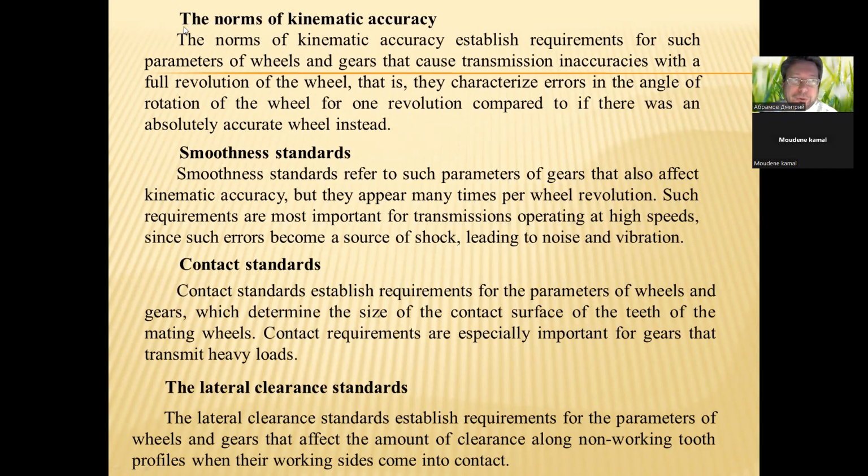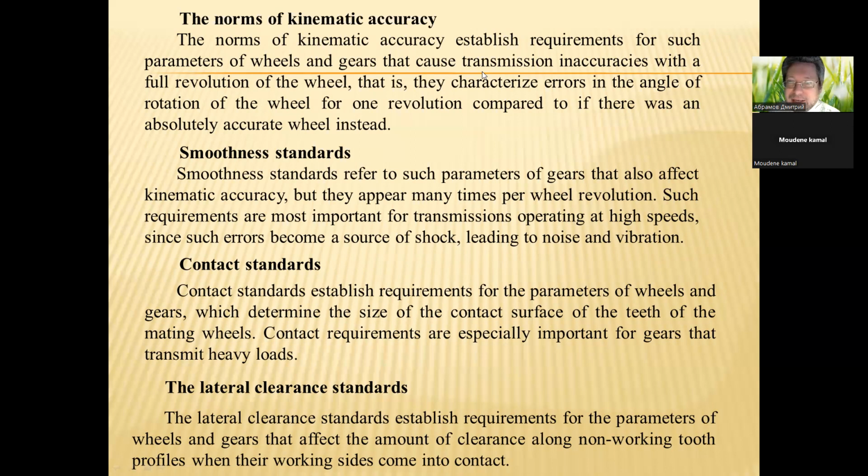The first group is the norms of kinematic accuracy. The norms of kinematic accuracy establish kinematic requirements for such parameters of wheels and gears that cause transmission inaccuracies with a full revolution of the wheel.